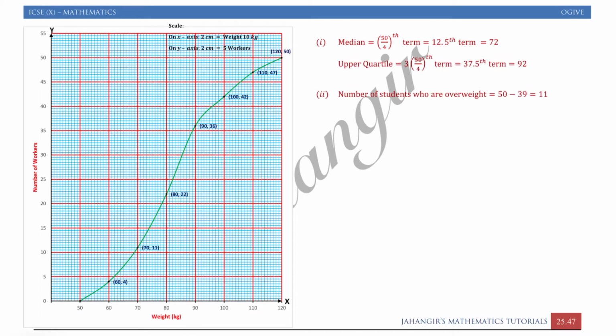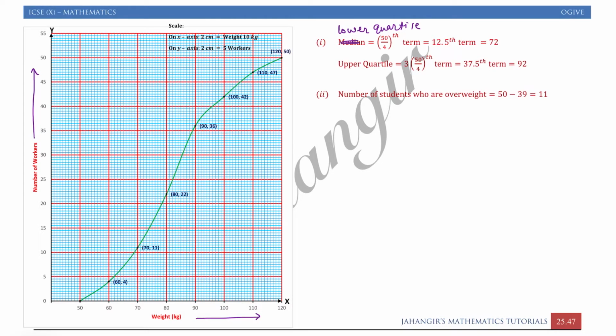For this we don't need to find median. Actually, this is not median. This is lower quartile. There is some writing error. This is lower quartile. Now for lower quartile, the total number of frequency is 50.